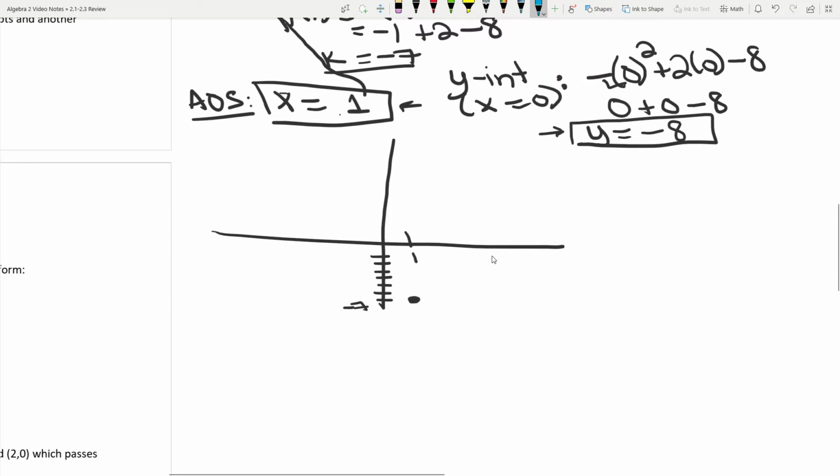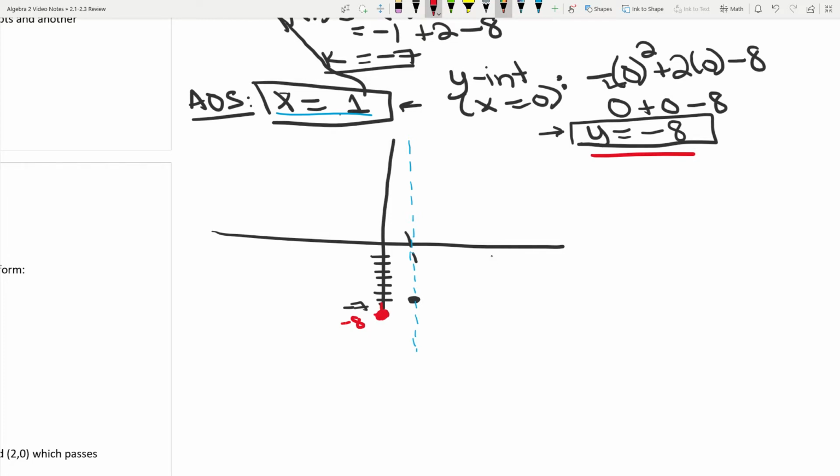So we're going to draw the axis of symmetry through x equals 1. Okay, so that's this guy right here. And then we know that the y-intercept is negative 8. So I'm going to plot this one in red. Negative 8 is down here, so that's over here.